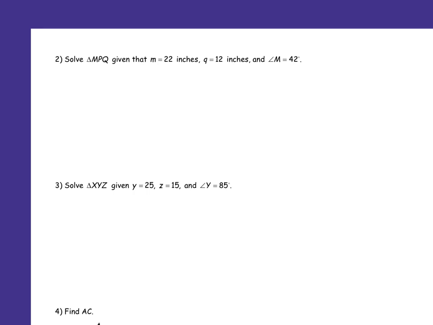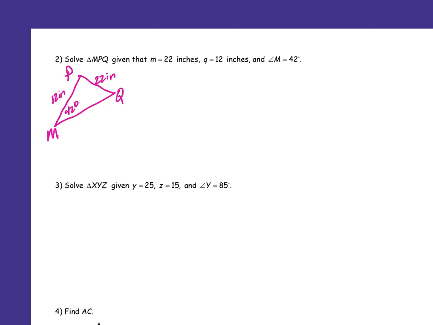So I'm going to draw my triangle again. M, P, and Q. And I know that M is 22 inches. And Q is 12 inches. And measure of angle M is 42 degrees. Okay?